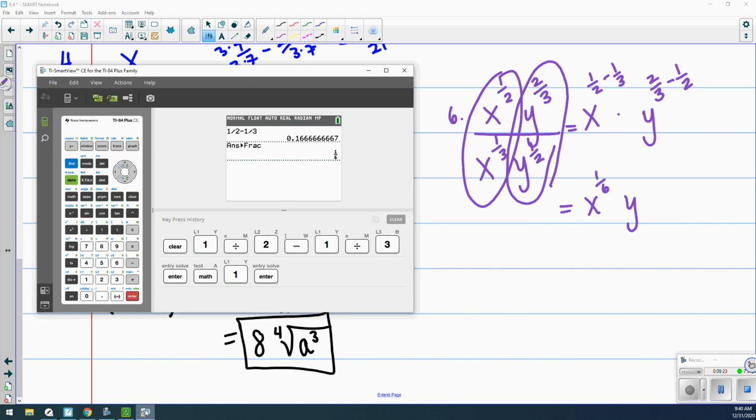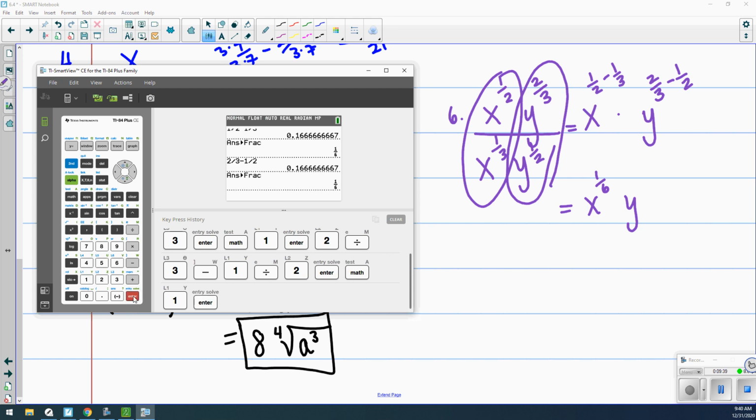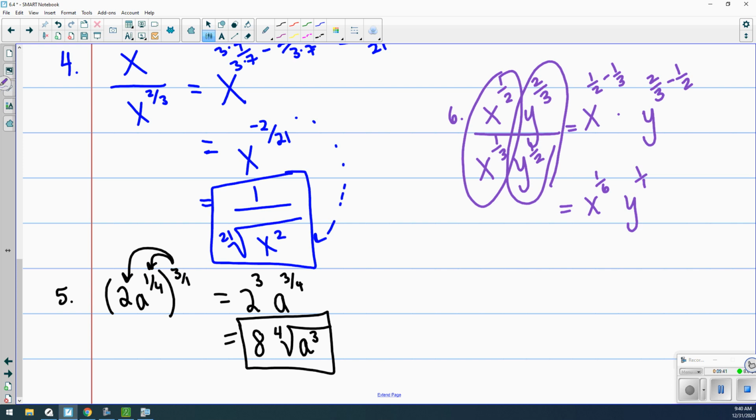Okay, let's talk through those keystrokes again. So now for the y's, I'm going to go 2/3 minus 1/2, hit enter, and then again, it's math, and choose number 1 because you want your answer turned into a fraction. Hit enter, and you're going to get a 1/6 again. Okay, so don't let the fraction work be what turns you off of math forever.